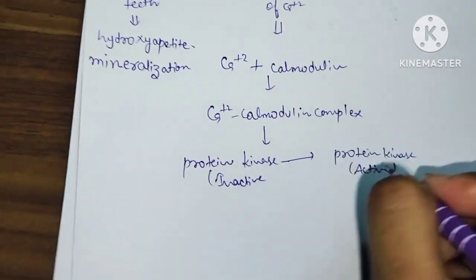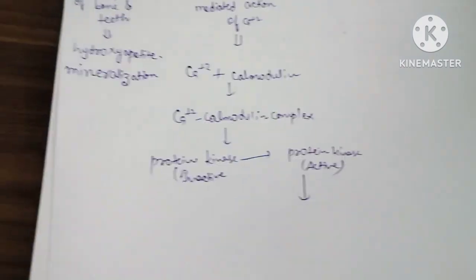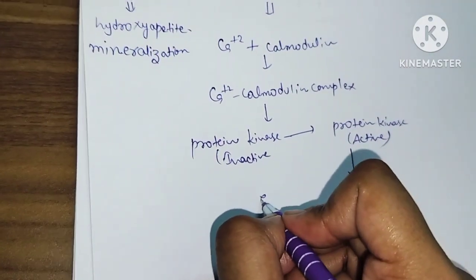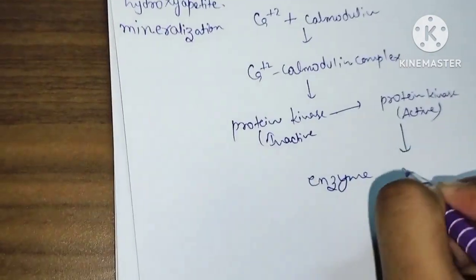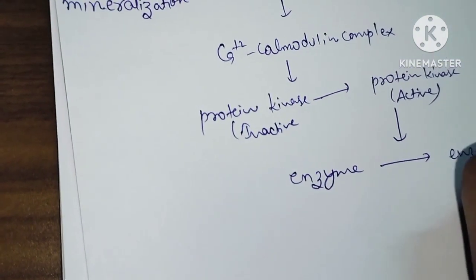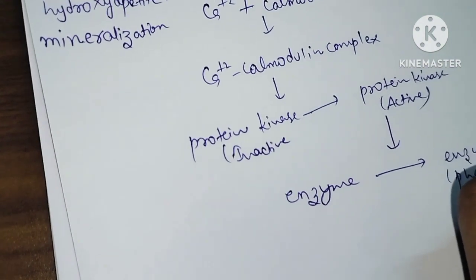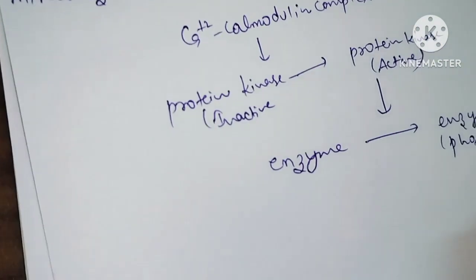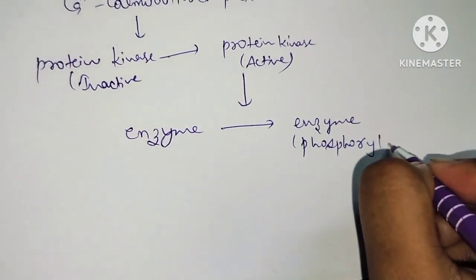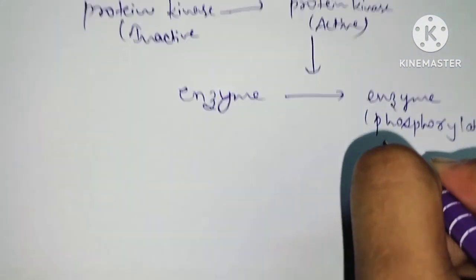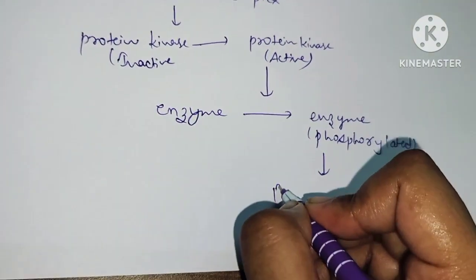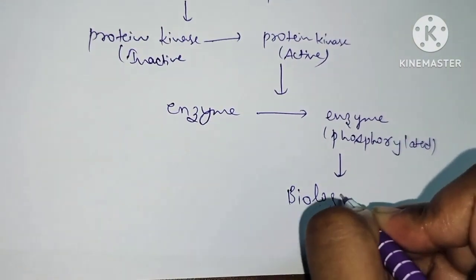Now these active protein kinases phosphorylate several enzymes which are actually present in the dephosphorylated state. Now these phosphorylated enzymes play an important role in biological functions.